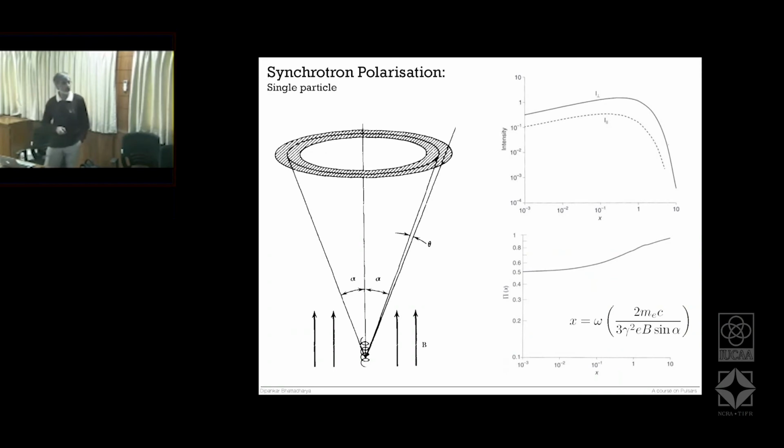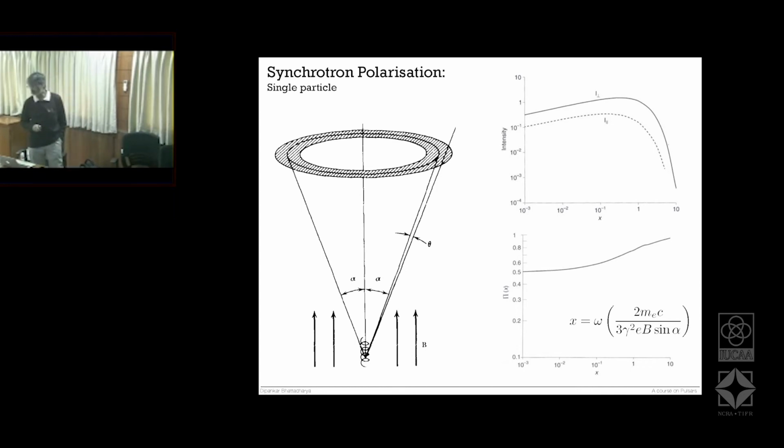Going a little further, you have this gyrating particle, and you know the radiation is strongly beamed. Because of the gyration, the beam is going to execute a motion and cover this part of the solid angle, where this width is 1 over gamma.